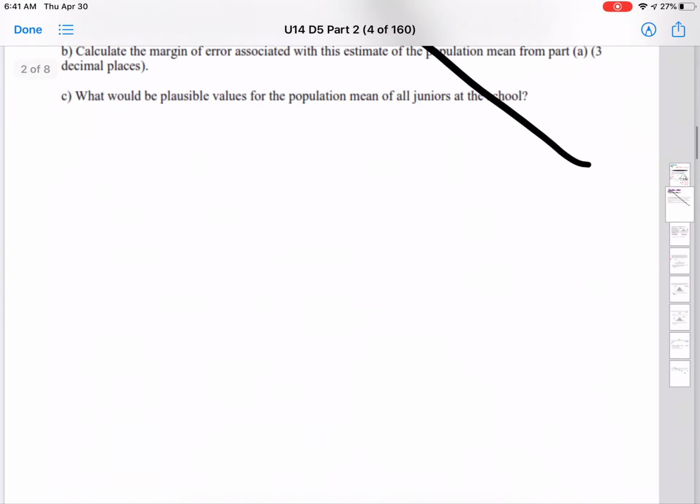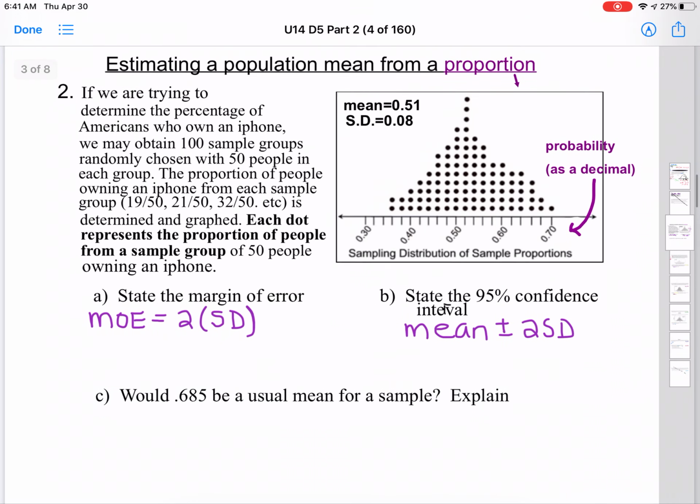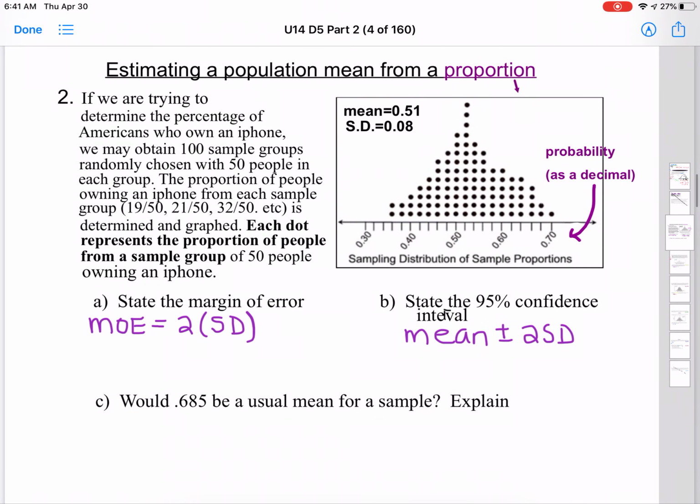Okay, we're going to skip that one, and let's look at number 2. All right, number 2, let's check out what this dot plot is that you did in 9th grade that they're giving me here. It says, if we are trying to determine the percentage of Americans who own an iPhone, we may obtain 100 sample groups, randomly chosen with 50 people in each group.